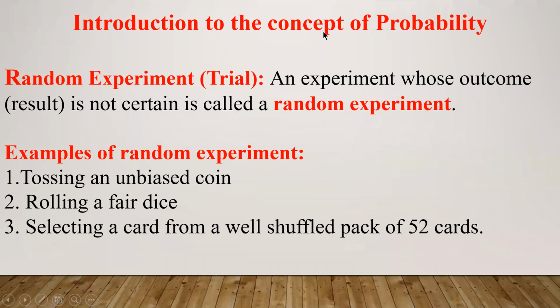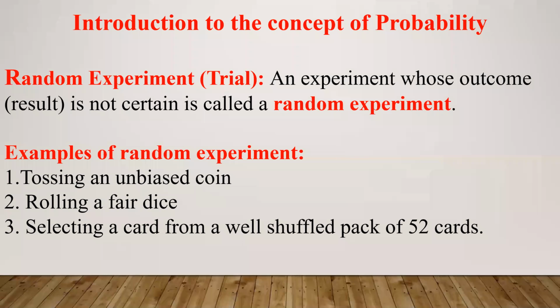I have introduced you to the concept of random experiment, which is also called a trial. What is a random experiment? An experiment whose outcome is not certain is called a random experiment. If you remember, I had given you one example yesterday that if you ask 3 people or even any number of people to take a vessel filled with water and heat it, then everybody will give me the same result.